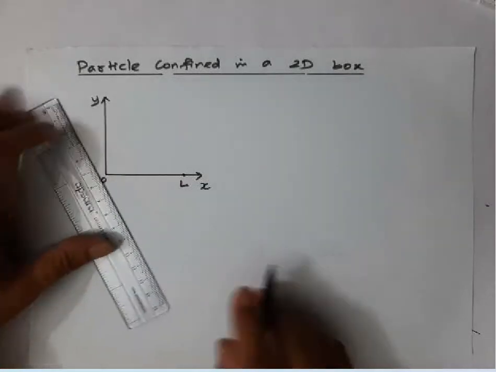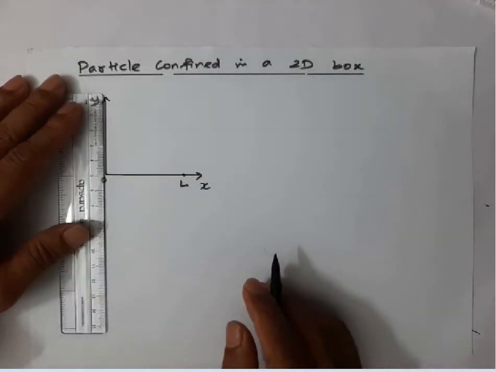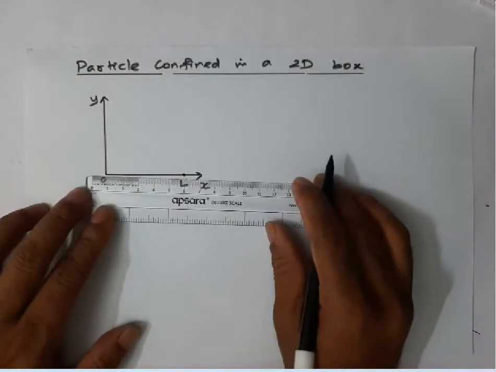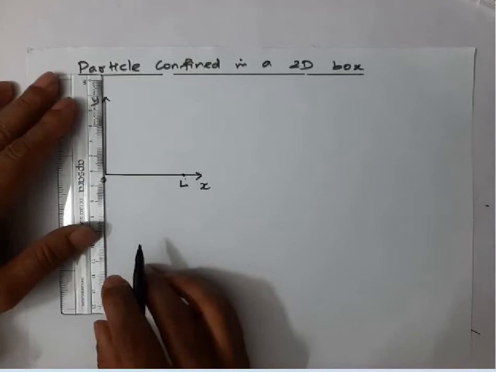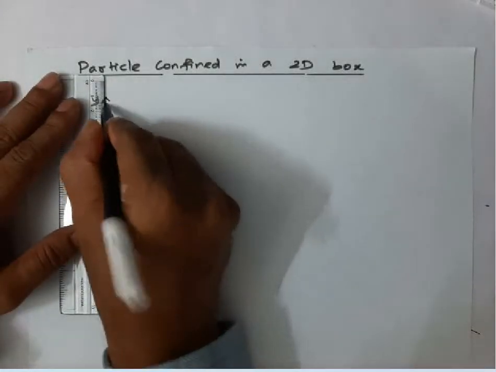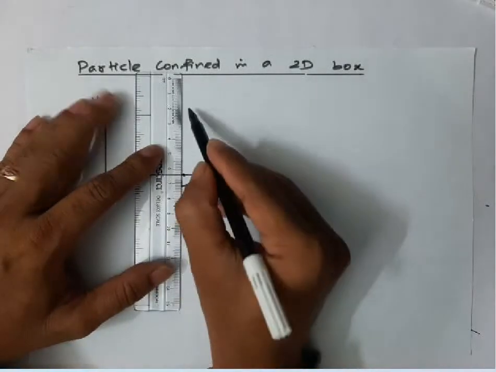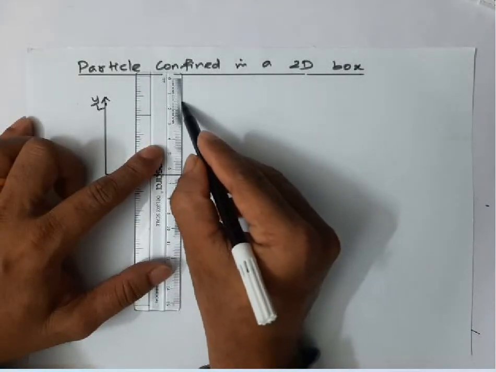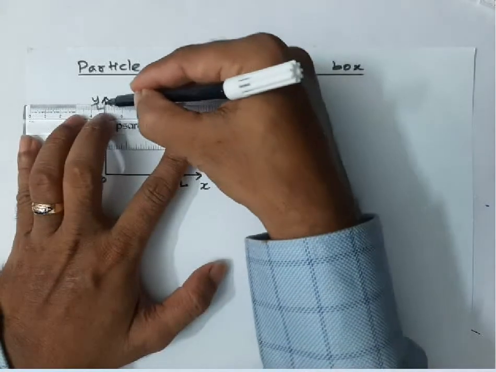Similarly, here also I am going to assume the particle is confined to move up to some distance, say L, so that you get exactly a square box.